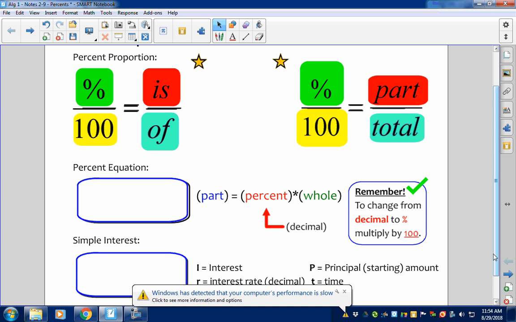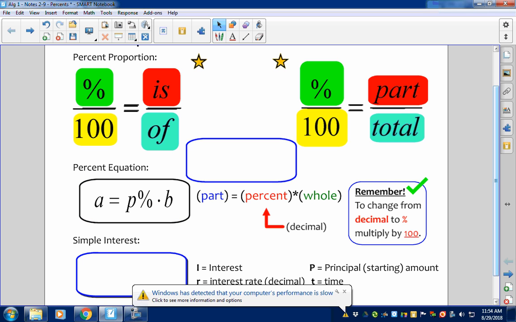Or if I'm out to dinner and I have to pay a tip, there are a couple of ways you can do that. You could double the tax, because tax is about 8%, so double that would be an appropriate 16% tip. Or if my bill is $60, I'm going to take 15% of $60 by just doing 0.15 times 60. So there is a percent equation.